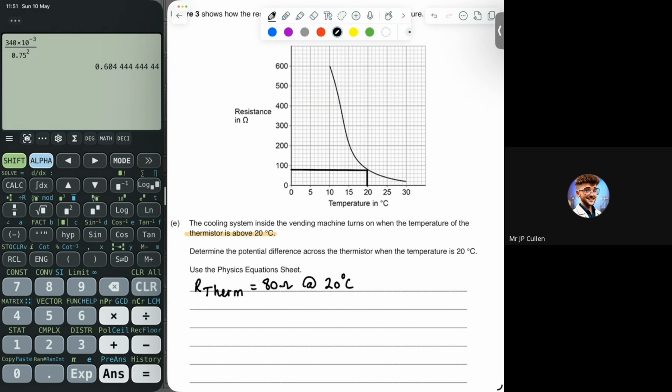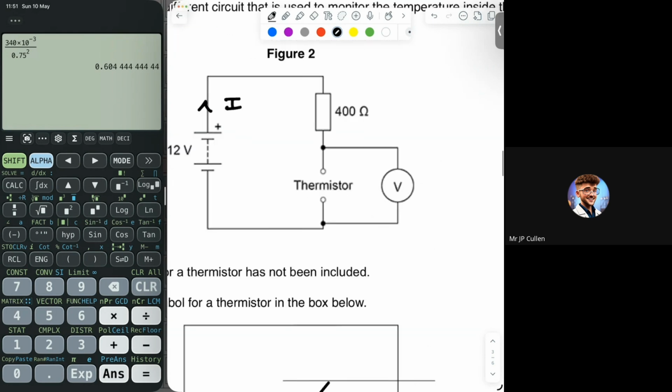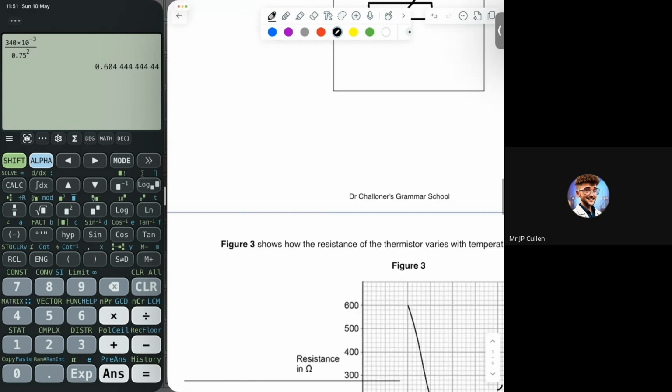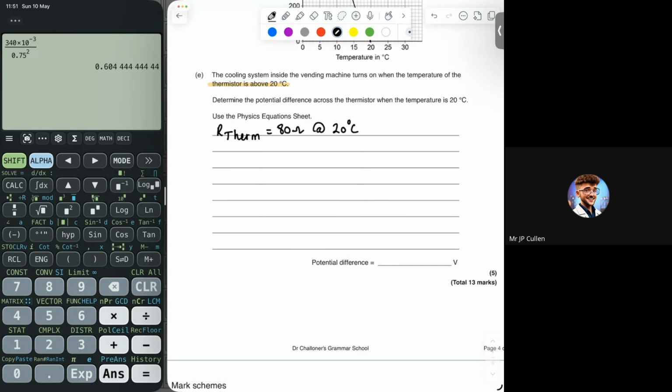Okay, so what does that mean for the circuit? Well, let's go back up. So now the thermistor has a resistance of 20 ohms. No, it doesn't. It's 80 ohms at a temperature of 20 degrees. So if you guys remember the equation you need that's not on the data sheet for the total resistance of the circuit, the two resistors are in series.